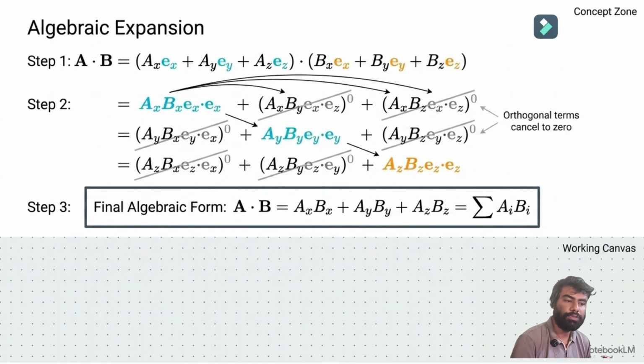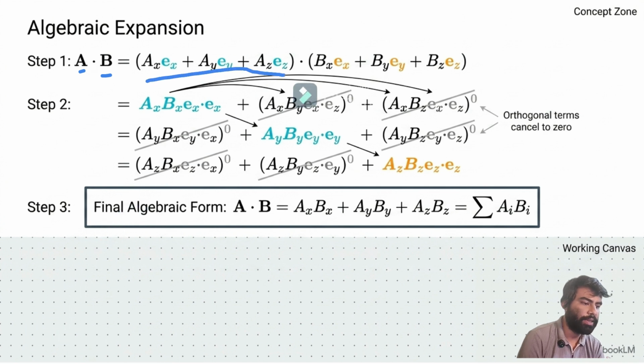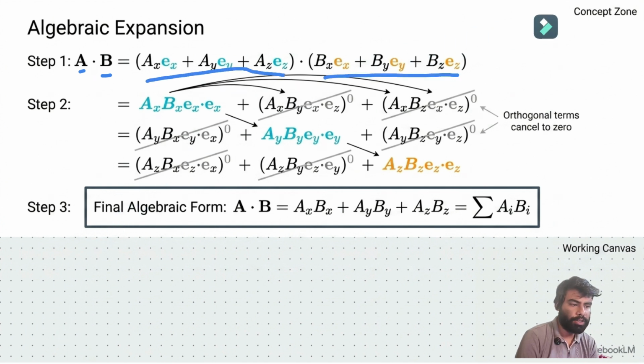Now we can find the dot product of two vectors, like vector A and vector B. You can check it yourself using that expression. Every time we multiply Ex with Ex, it will give you 1, and Ex with Ey, it will give you 0.